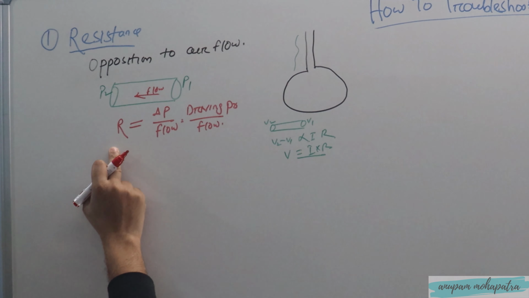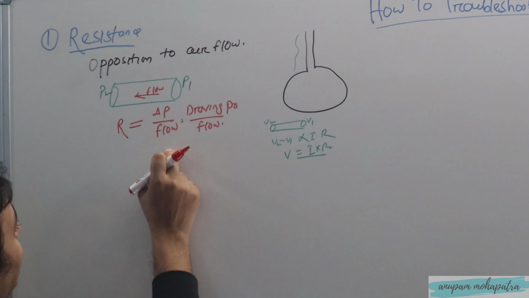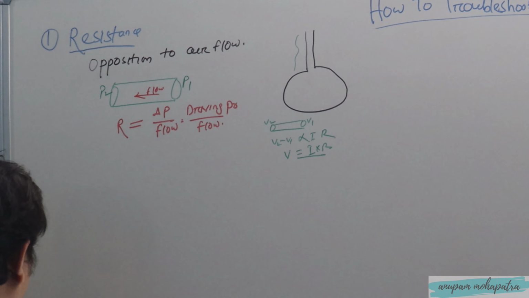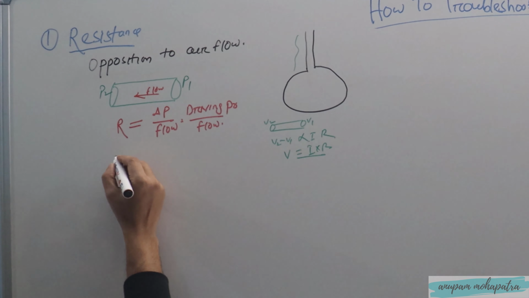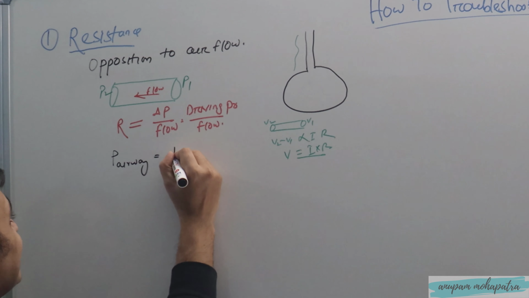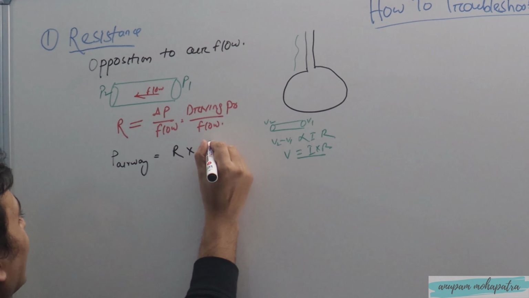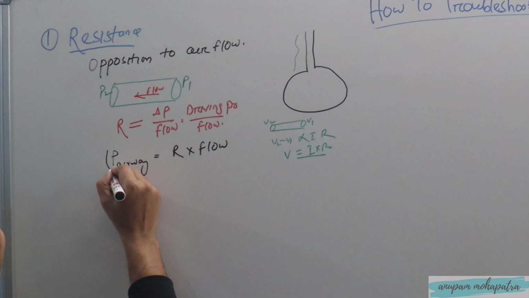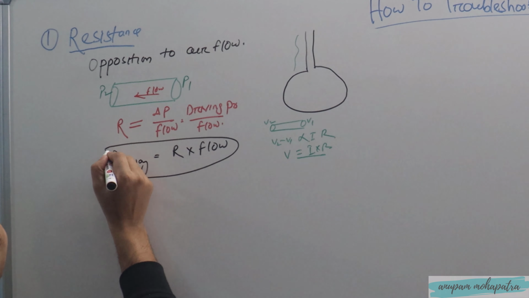That resistance is delta P by flow, driving pressure by flow. Or in simple words, we can rewrite this as the pressure in the upper airway is equal to resistance times flow, right? So remember these things from here.